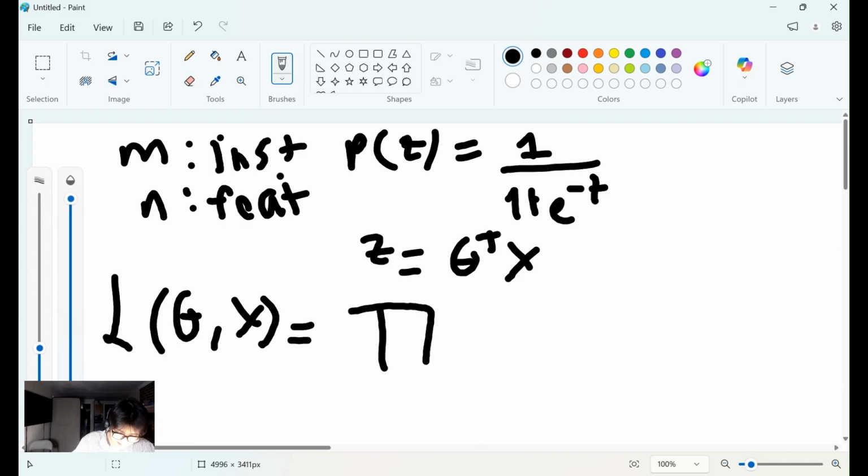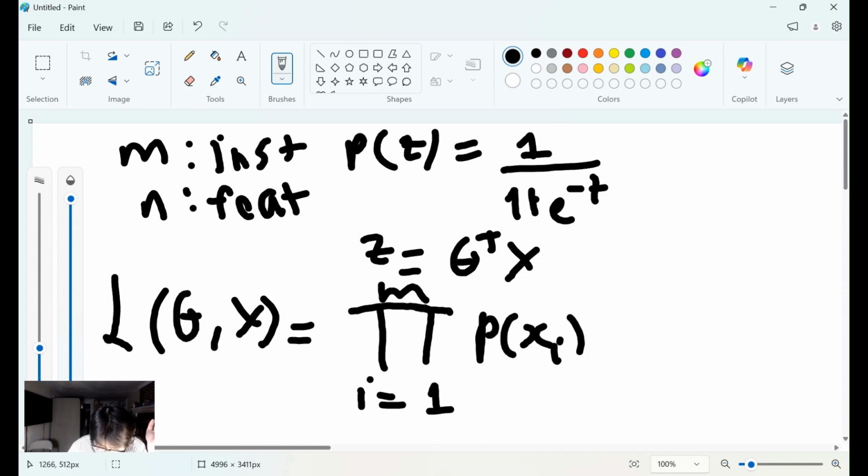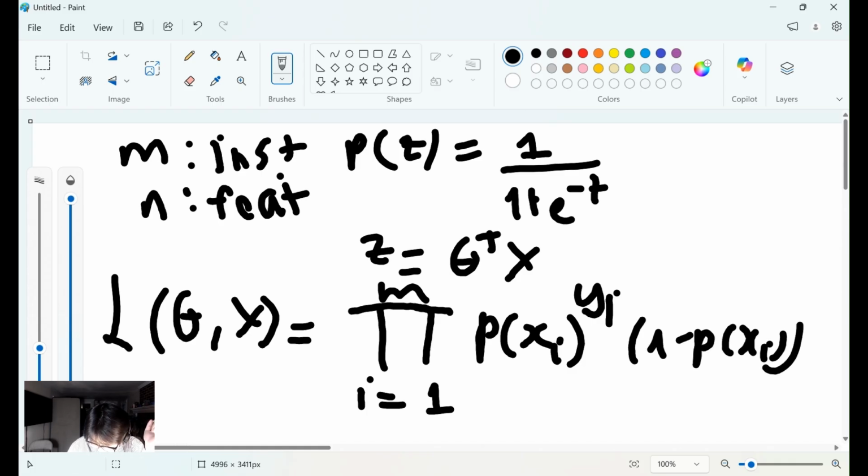This is the product over i from 1 to m, because we have m instances. So this will be p(x_i) to the power of y_i multiplied by 1 minus p(x_i) to the power of 1 minus y_i.